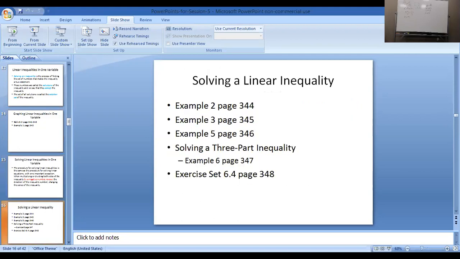Let's look at some examples again from our textbook. Let's go to page 344, example 2. It tells us: solve and graph the solution set 4x minus 7 greater than or equal to 5. Please follow along in your textbook, all the online students.